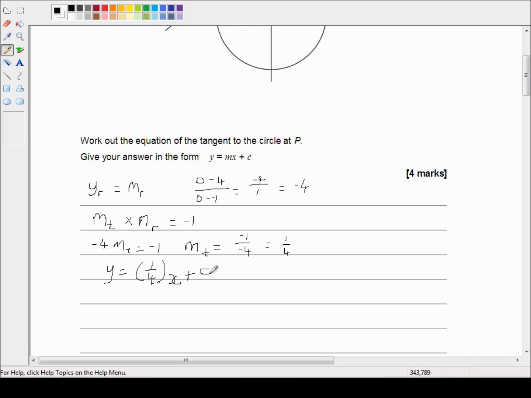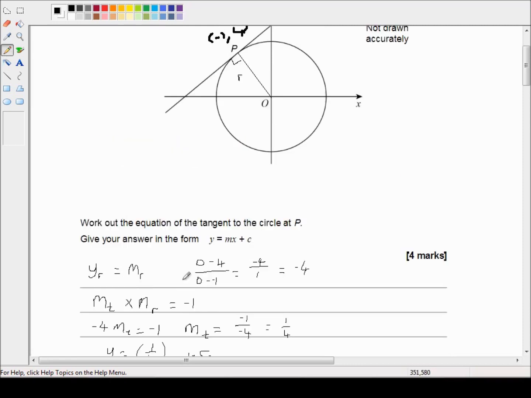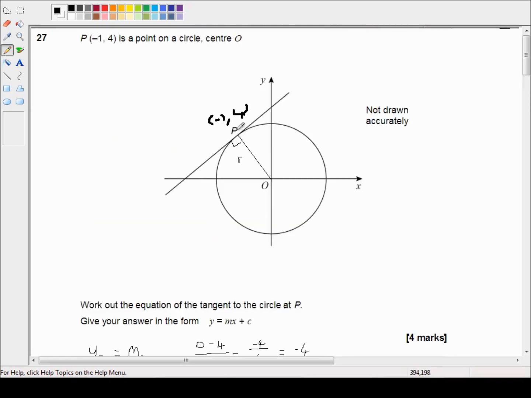Now we just need to find c. Well, the way to do that is to plug in our values for y and x. Now there's only one point on this line, so there's only one point to plug into the equation, that's (-1, 4). So when y is 4, x is negative 1.